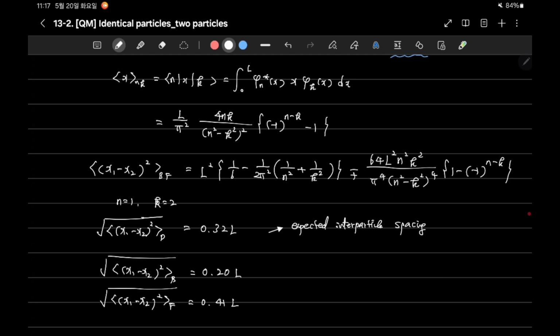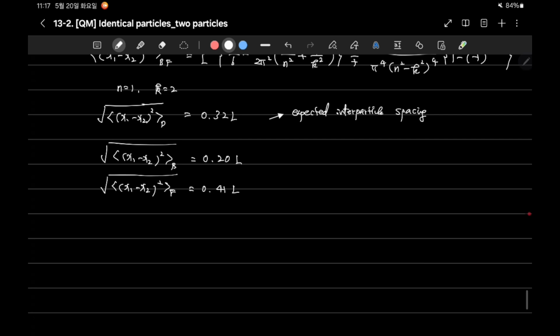Interparticle spacing is very different in the fermion case, large compared to the boson or the distinguishable particles. Bosonic particles have the lowest interparticle spacing. In the fermion case, it is large, and they repel with each other.